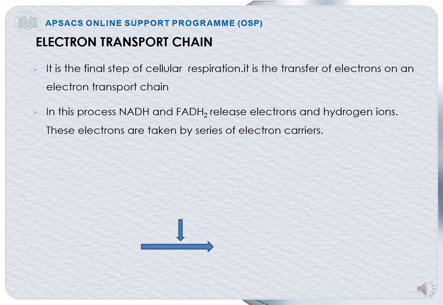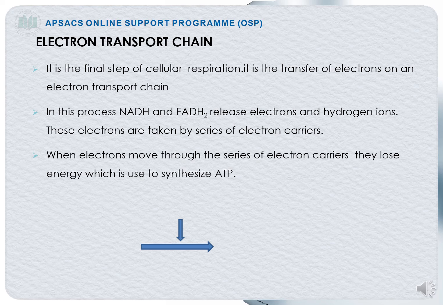You can see hydrogen is present, they are present in the reduced form, so they will release their electrons and hydrogen ions. When they release them, they will be carried by the series of electron carriers. As they are carried, they lose energy, and this energy is then used to synthesize ATP.